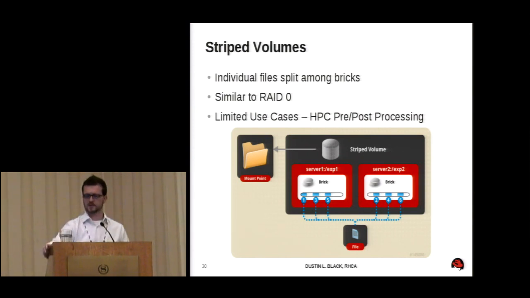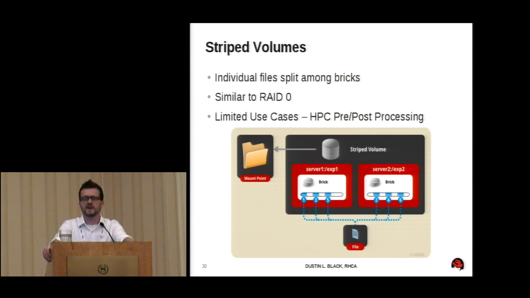So one of the other options we have, this has a relatively limited use case, but just so you can see how all of this stacks up, we'll talk a little bit about striped volumes. So you can think of this as similar to RAID 0. What happens here is I now have two bricks defined. I've said that these two bricks are part of a stripe. So now when a file is written, the individual file is actually broken up into chunks and written, as evenly as possible across the multiple bricks.